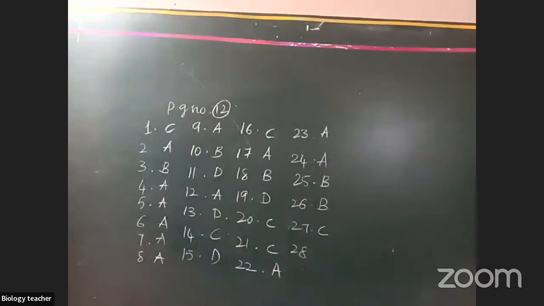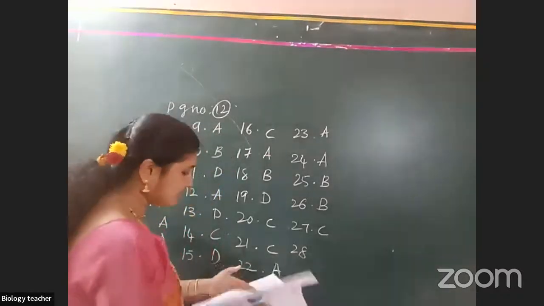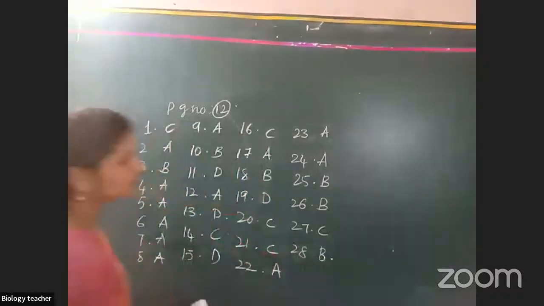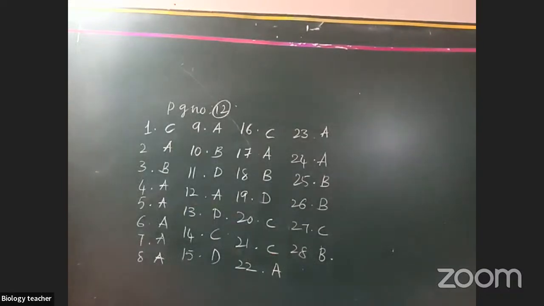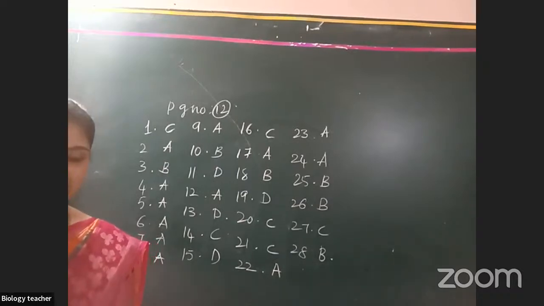Next, 28th one, the symbiotic association between plants and fungi. So fungi is in option B. So 29th, when a large number of plants are grown at the same place for food, it is called crop.